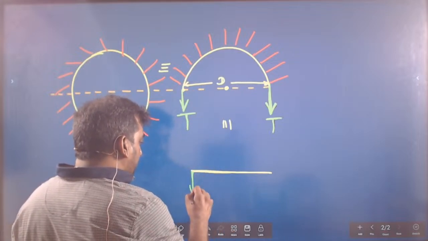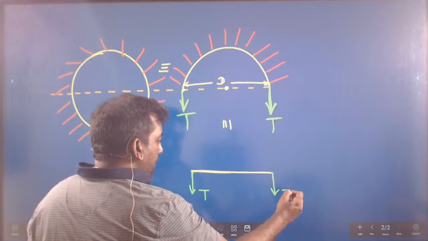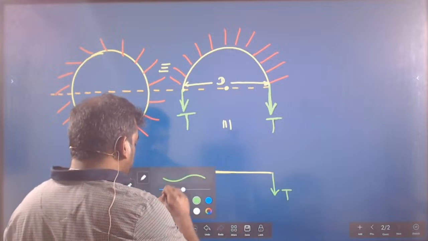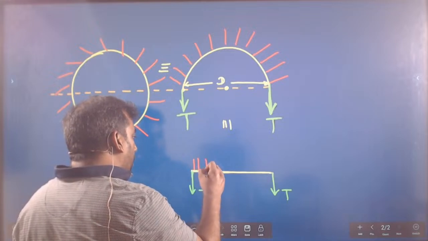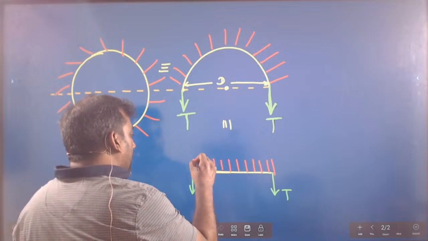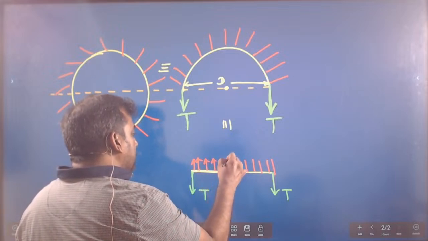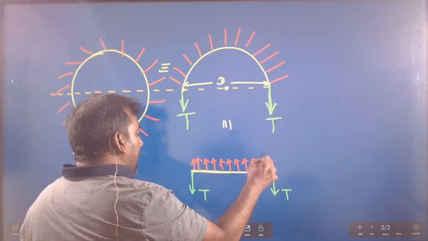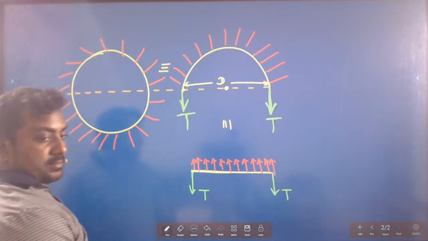Both ends there is tension. And along this rod surface tension force is acting. Along this rod there is a pull due to surface tension.